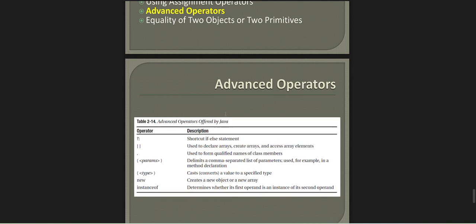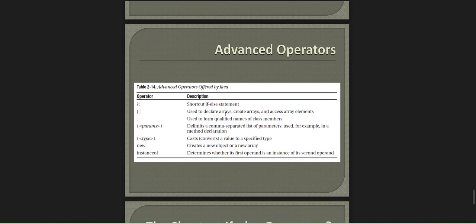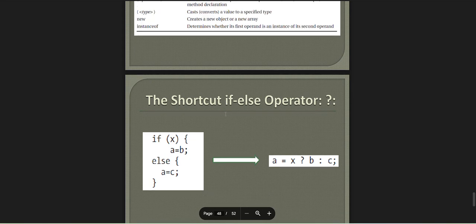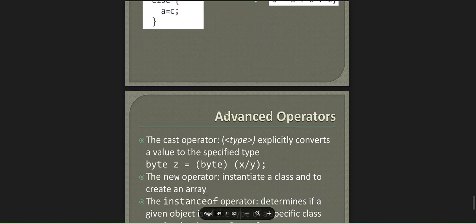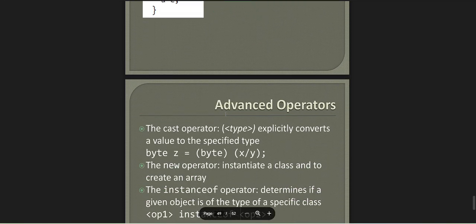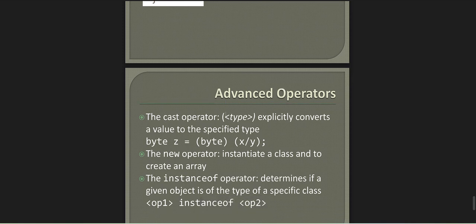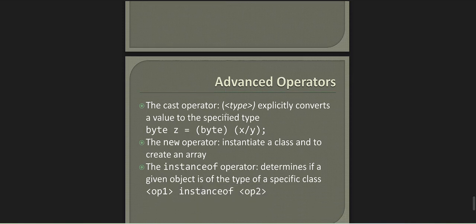The instanceof operator determines whether the first operand is an instance of the second operand. The ternary operator, if a minus b. The class operator type explicitly converts a value to a specific type. The new operator instantiates a class or creates an array. The instanceof operator determines if the given object is of a specific class.